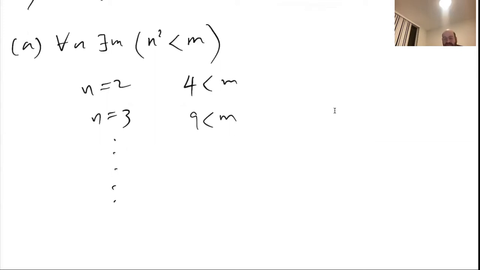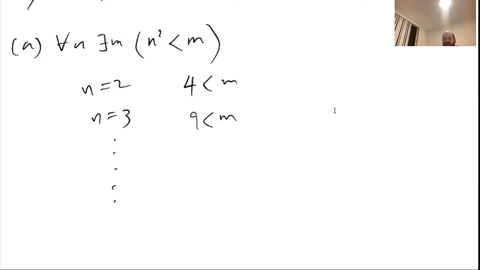In fact, it seems that there exist infinitely many m values bigger than n squared. These are examples. We cannot give examples as proof. This is just our rough worksheet to get the idea for this question. It's not part of the solution though. If n was 2, we chose m to be 5, which is bigger than 4. If n is 3, we chose m to be 10, which is bigger than 9, and so on.